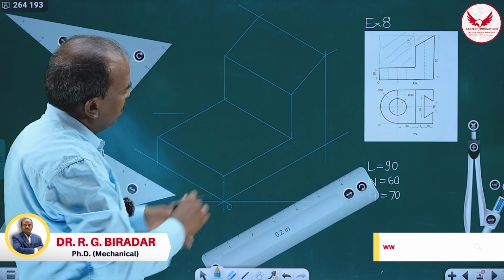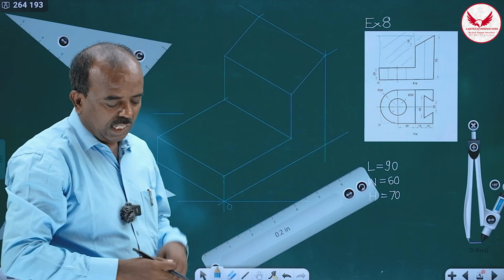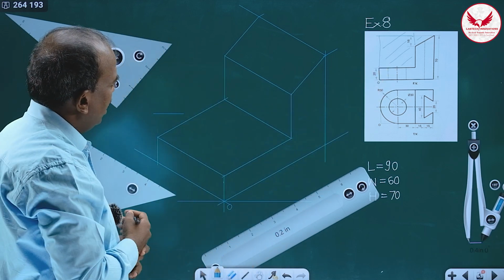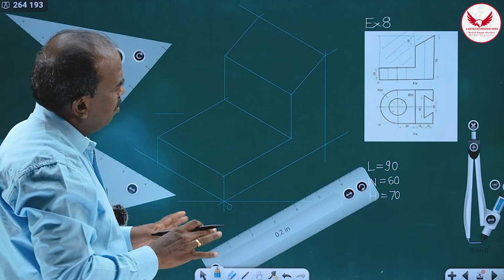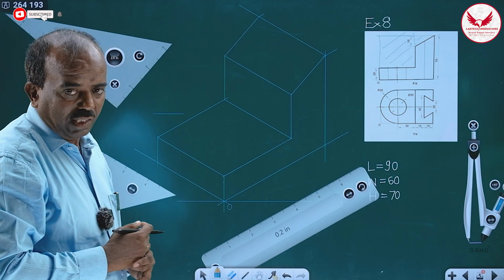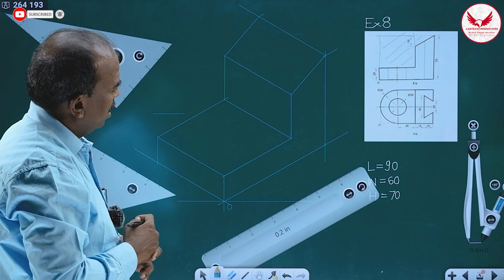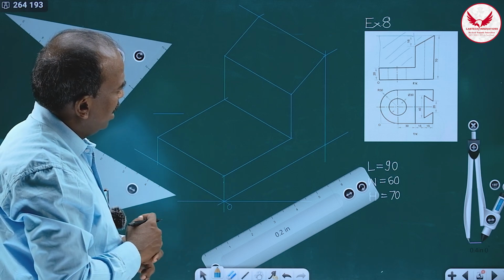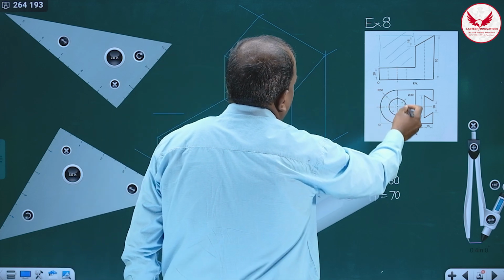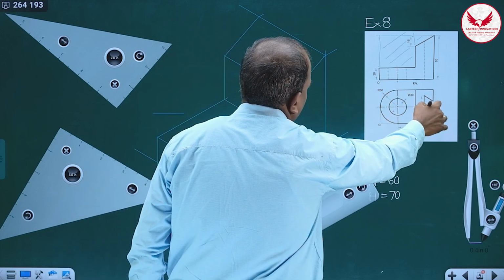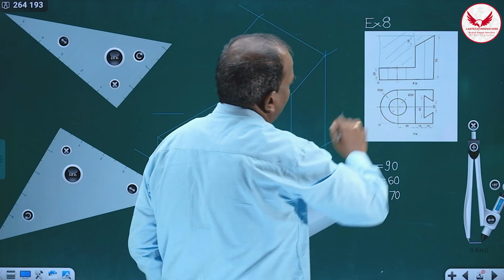See, if you see that front view, its basic shape is something like this. Directly we reach this point. Then afterwards, always go on drawing the simple and outer portion earlier. The portion which is more simple and outer, that you draw earlier, means here this semi-cylindrical portion you can draw. Then you can draw this slot, and afterwards at the end you can draw the circle.